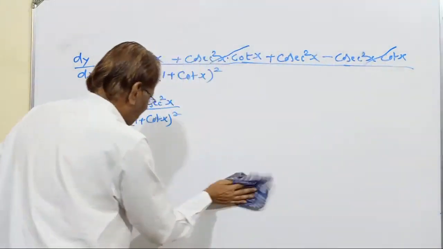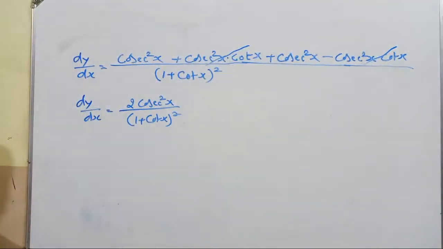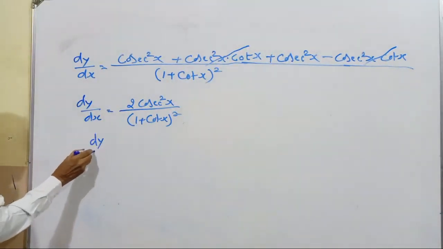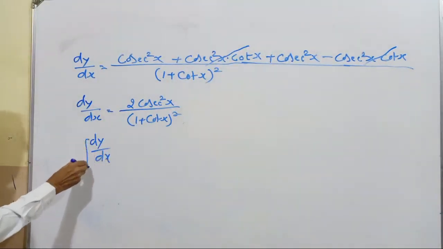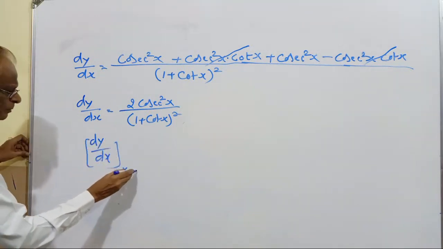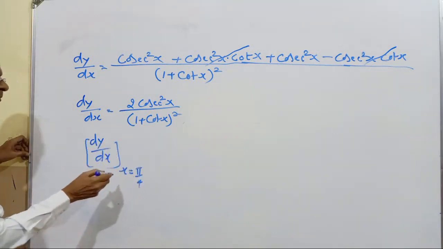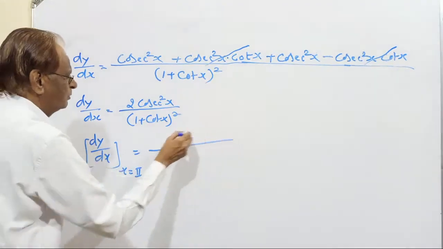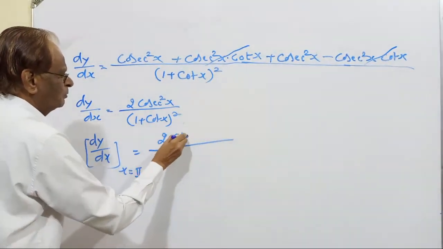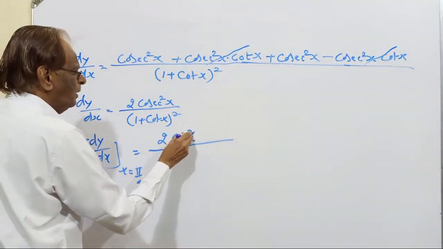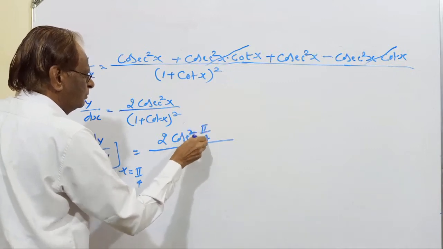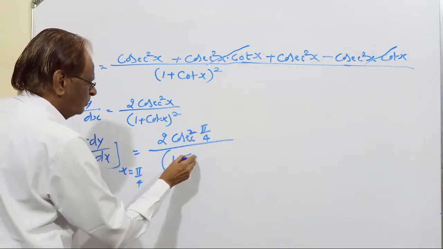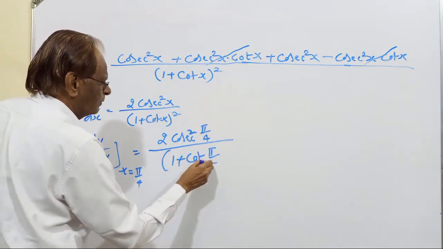Now, particular dy by dx when x is pi by 4.